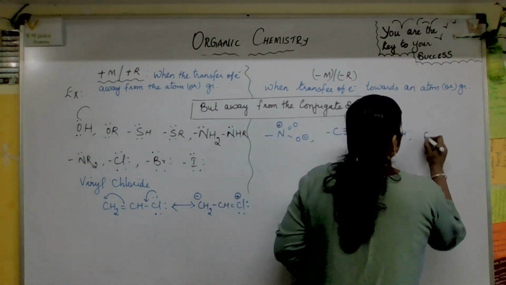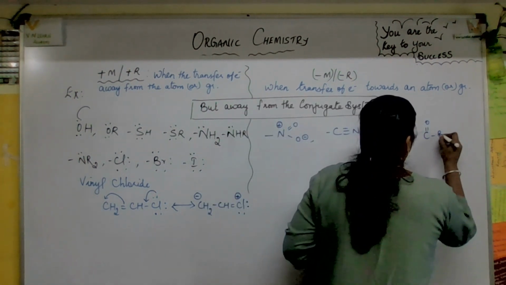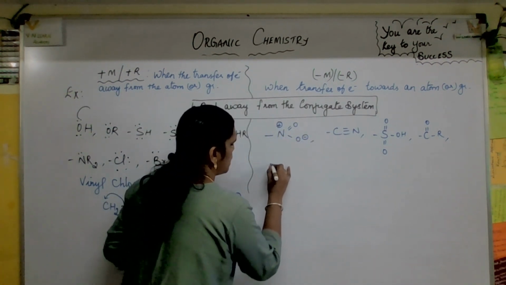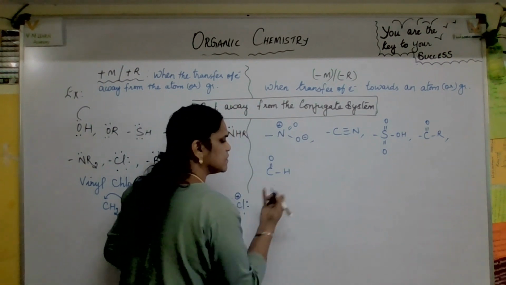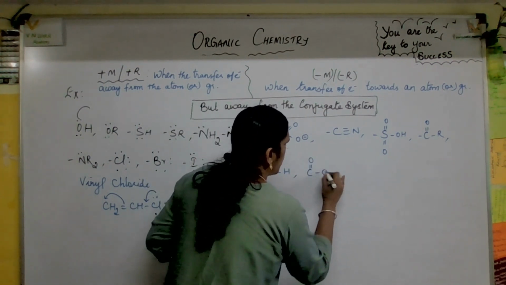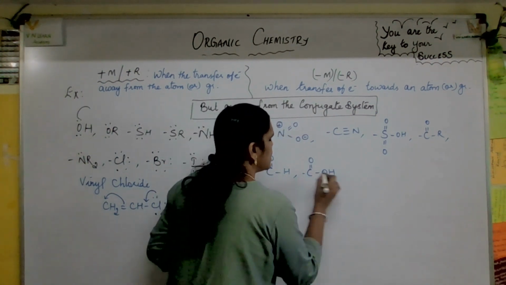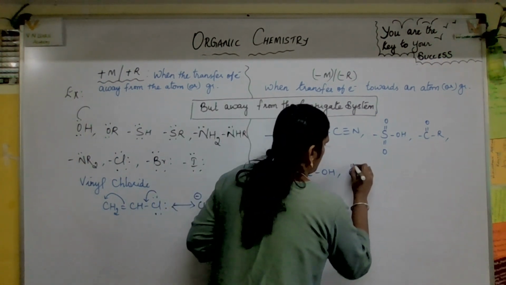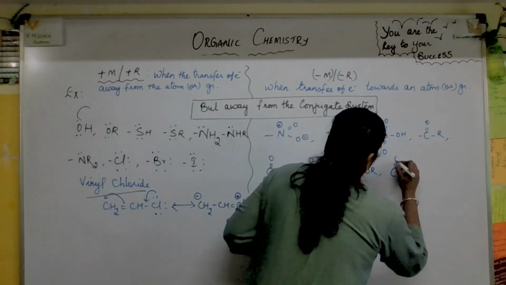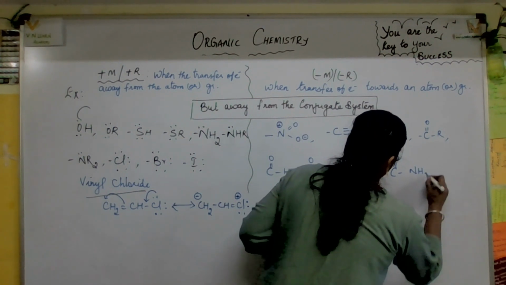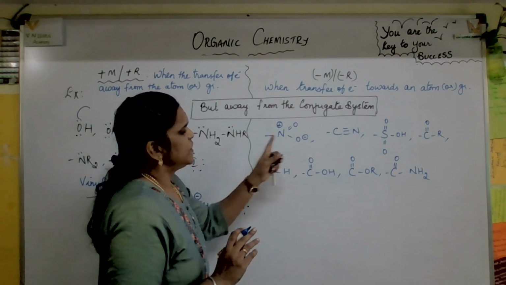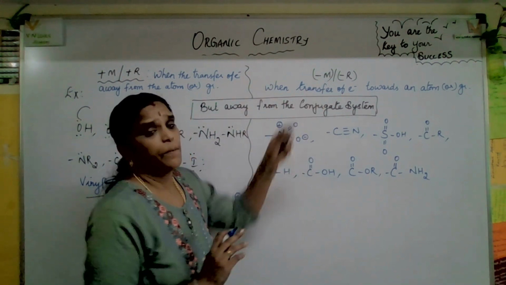Now C double bond O, R, keto group. Now C double bond OH, CHO, aldehyde group. Then C double bond OH, acid group. C double bond OR, ester group. C double bond ONH2, amide group. So everything is attached to that group only. These are all the examples that come under the minus M effect.